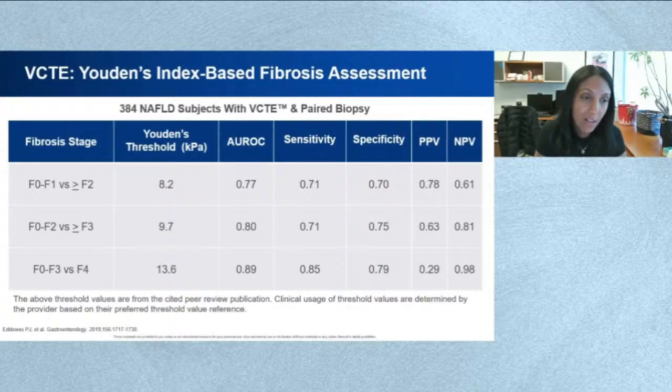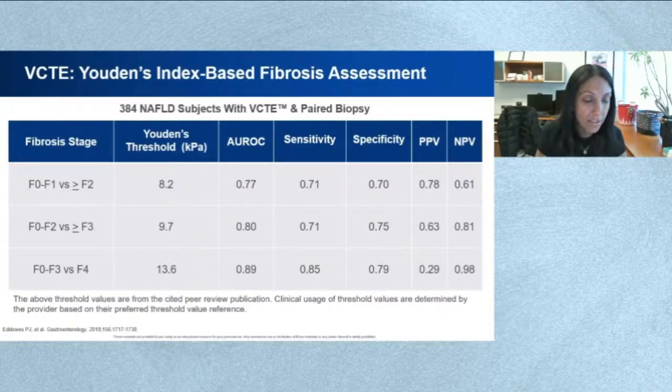This is a study that looked at almost 400 patients who underwent paired liver biopsy and transient elastography. And you can see these are the different cutoffs that were identified and their relative sensitivity and specificity, negative predictive value, positive predictive value.